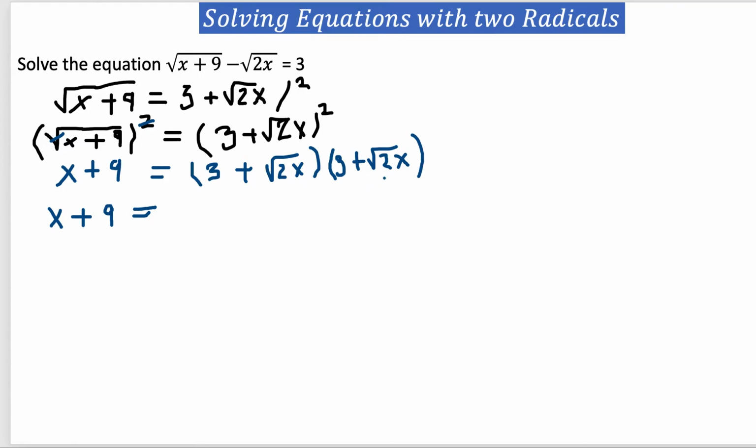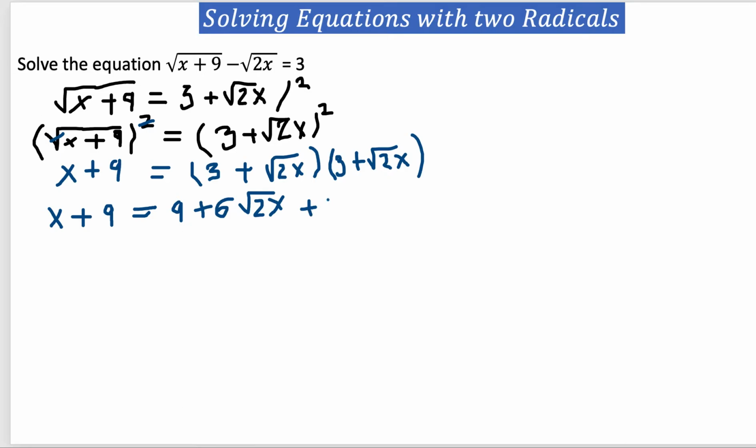Sometimes we use the terminology foiling, or we can multiply, or distribute. We can use whatever term you want, but we have to respect the process. So the final form is going to be 9 plus 6 times square root of 2x, and square root of 2x times square root of 2x is plus 2x.